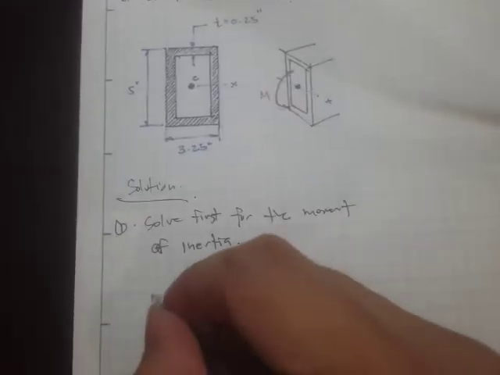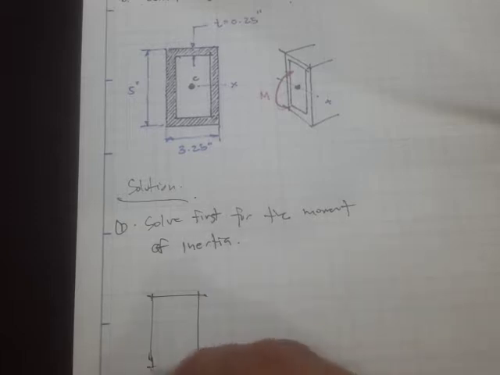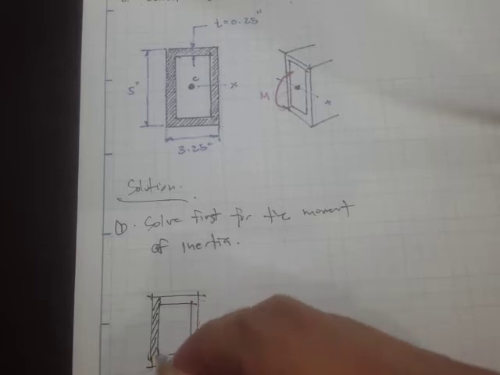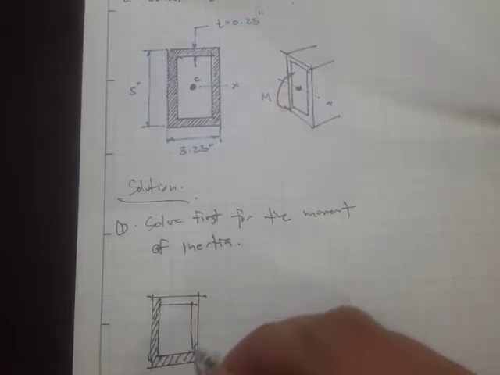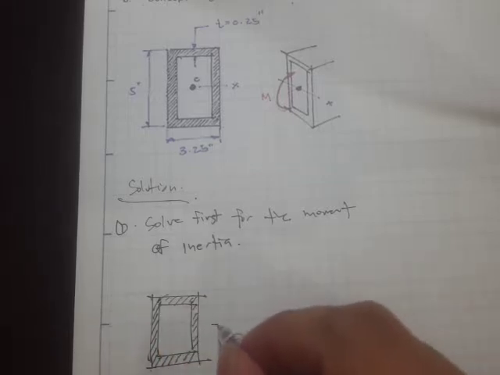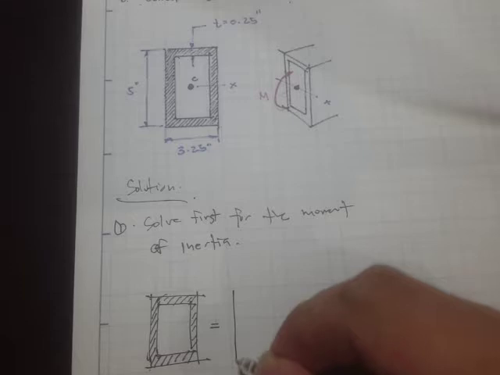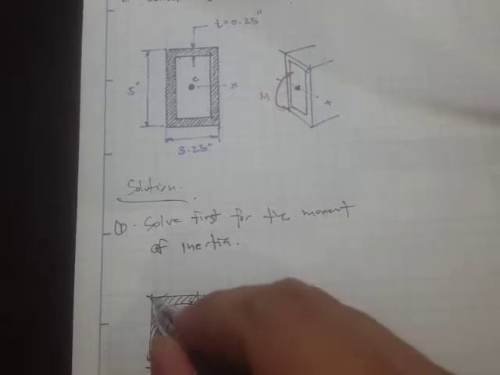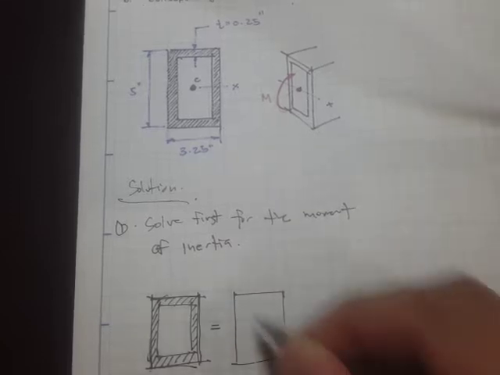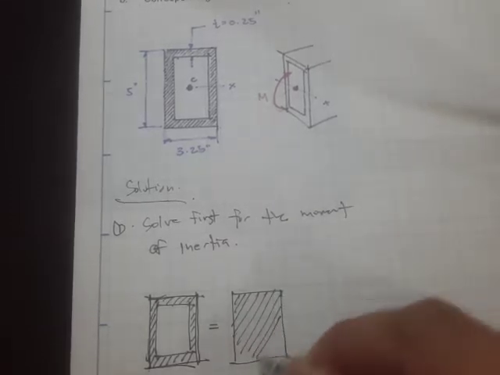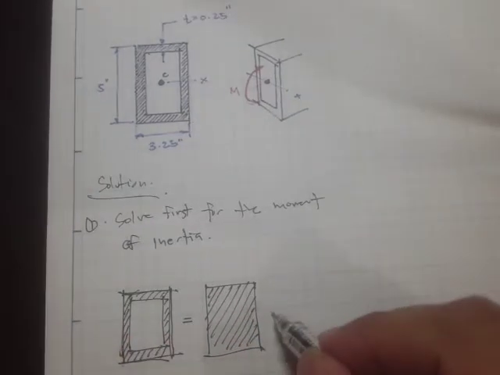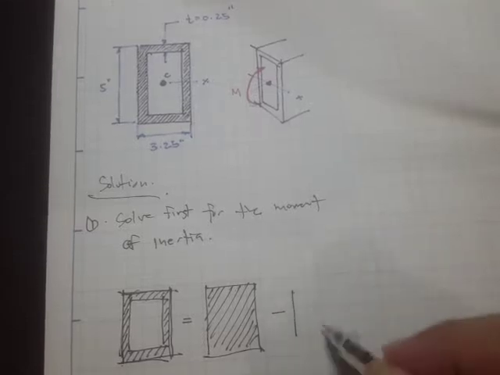The moment of inertia of this section, this is a composite section. It's just equal to the outermost rectangle, and let's shade this one, minus the inside rectangle.